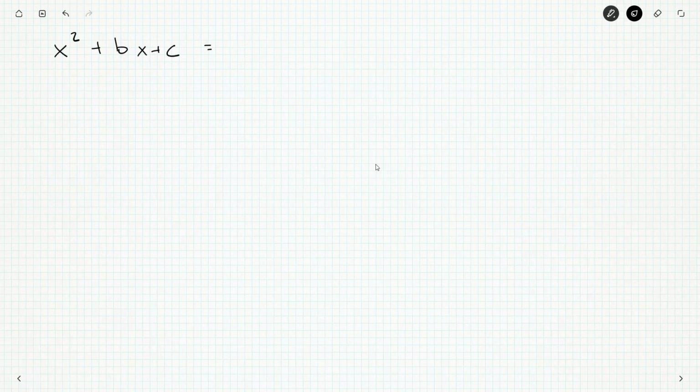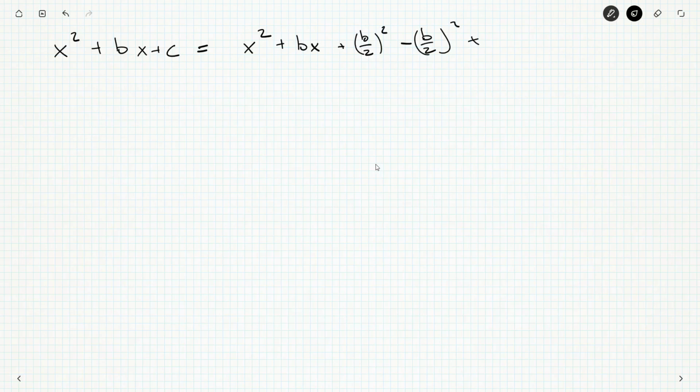So we'll put this in vertex form. So what can we do? Well, we can change it to x squared plus bx plus b over 2 all squared minus b over 2 all squared plus c.